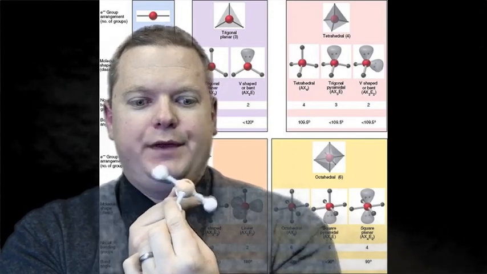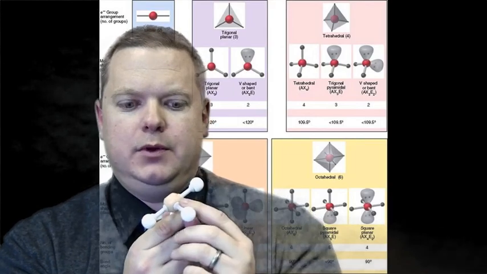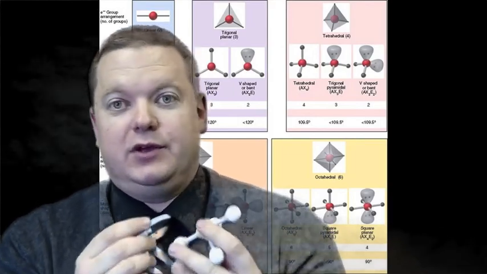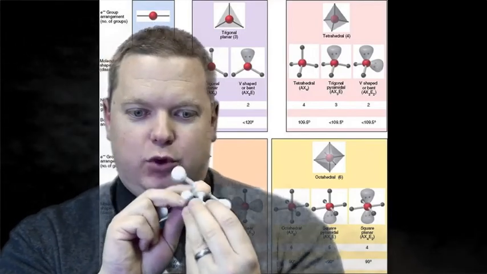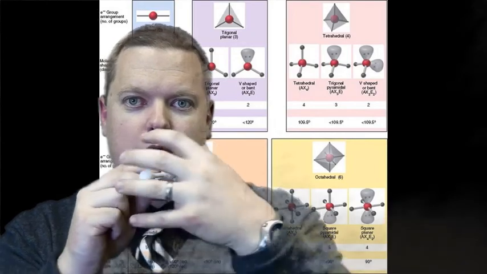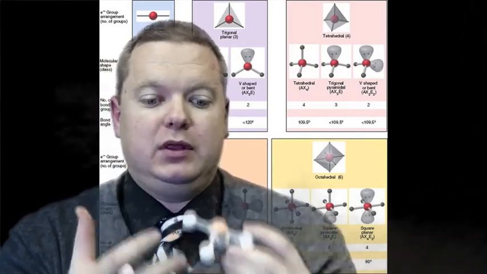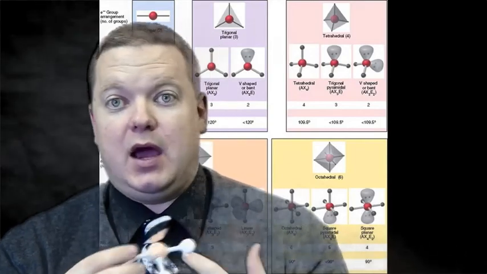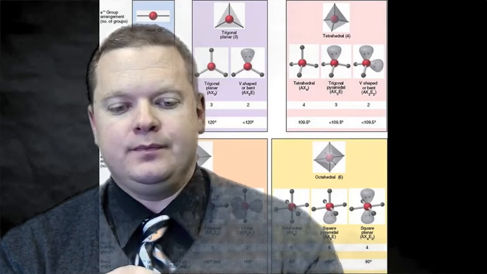That's a seesaw. This is a seesaw shape. Sometimes you'll also see the term distorted tetrahedron, but I prefer seesaw. It's just more fun. Again, now those electrons are going to compress the rest of these bond angles, so the bond angles are going to be less than what they started out at, less than 90, and less than 120.